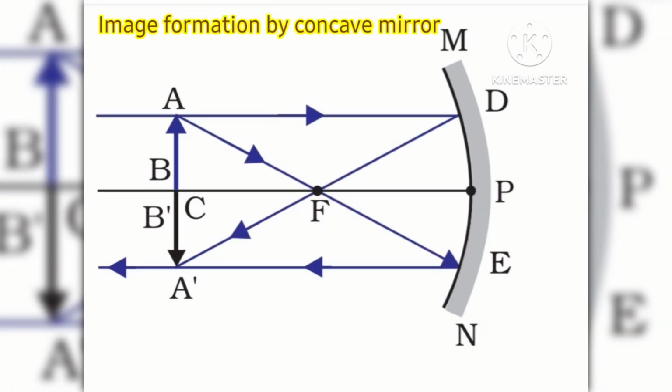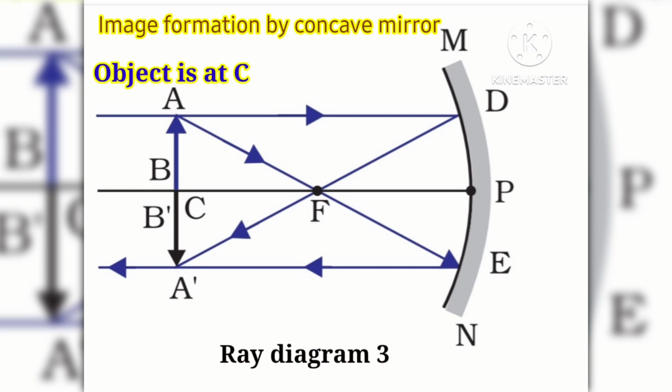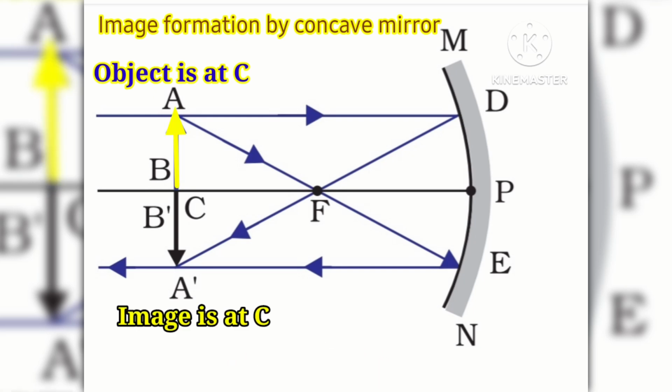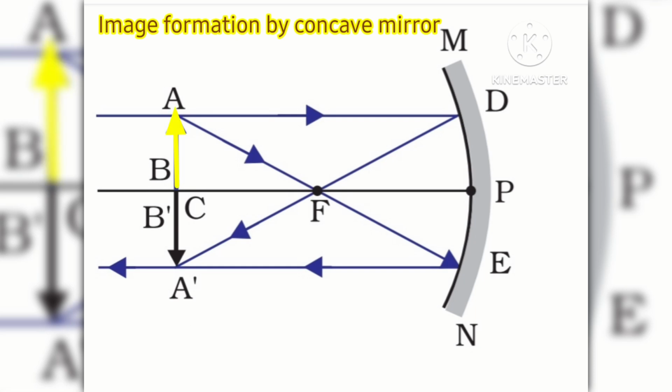Image formation by the concave mirror. In this, ray diagram number 3. That is, object is at center of curvature. Object is at center of curvature, image is also formed at center of curvature. To get that image, we need to consider two rays from the head of the object A. First ray that I am considering is parallel to principal axis.